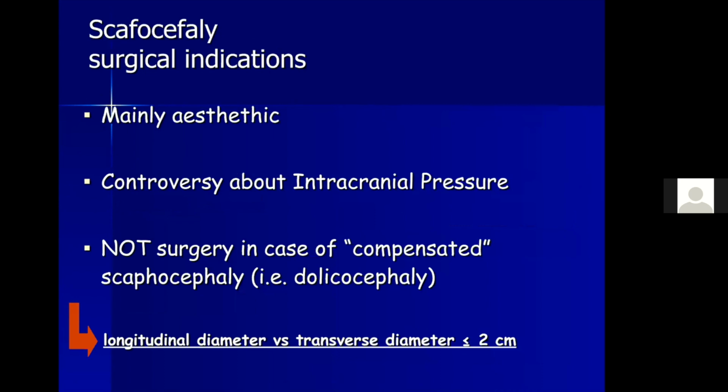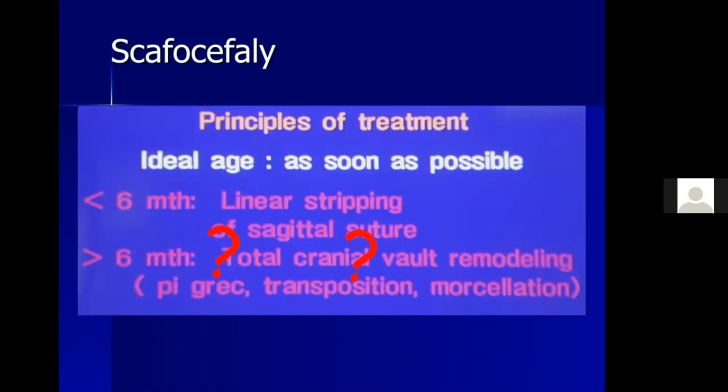There is some controversy about intracranial pressure, and if there is a compensated scaphocephaly, or a partial suture fusion like dolichocephaly, no surgery is indicated. As for the principle of treatment, less than 6 months, from 4 months to 6 months of age, is the simplest surgical treatment. After 6 months, it becomes much more complex.